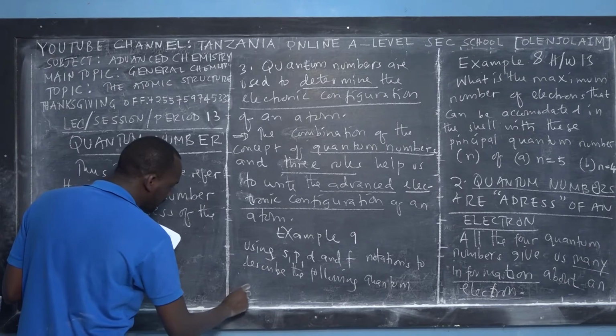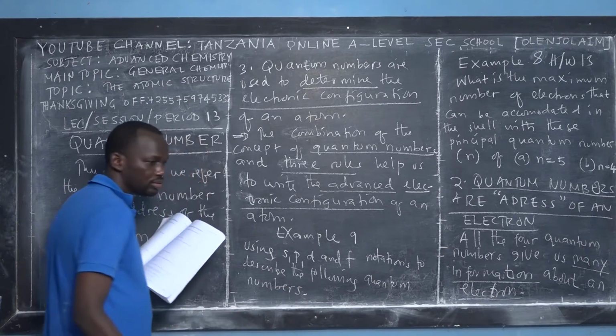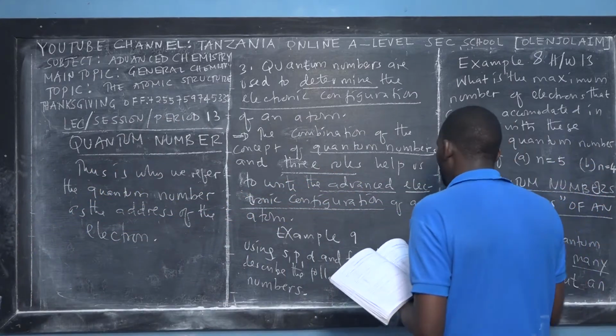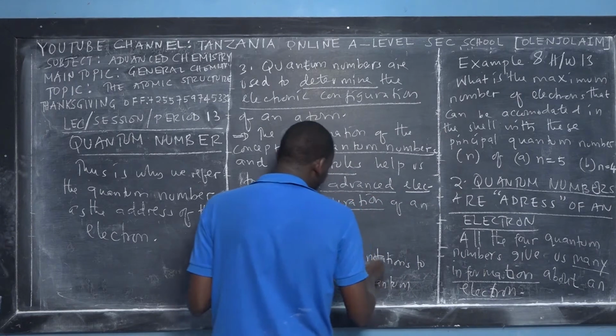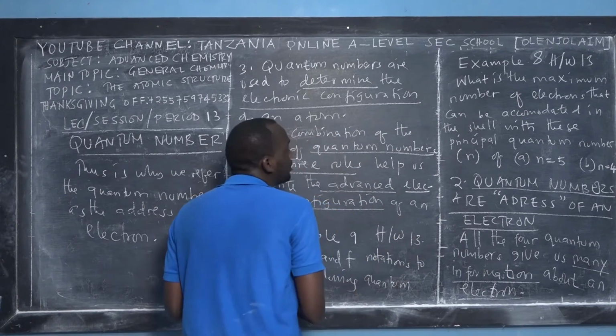Here there are 5 quantum numbers. I'll teach you how you can answer 2, and 3 will be your homework. So it's example 9, but also it's part of homework 13.